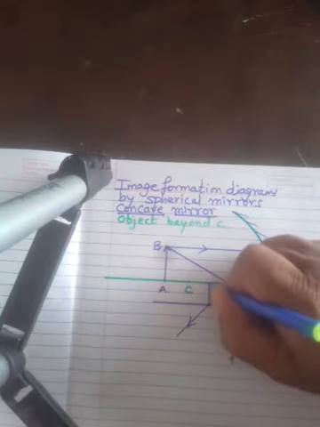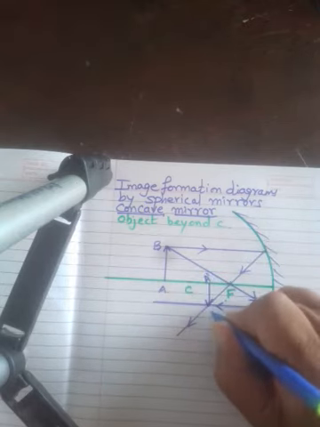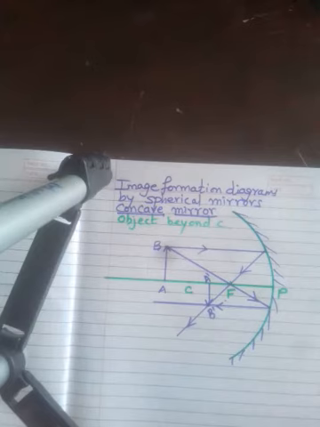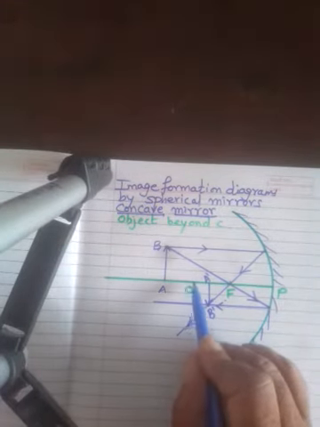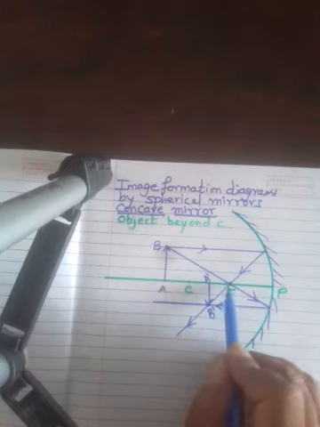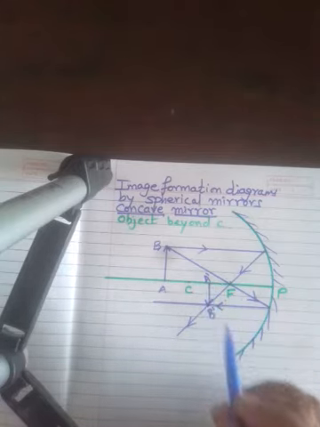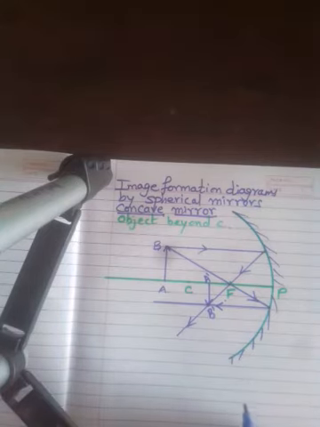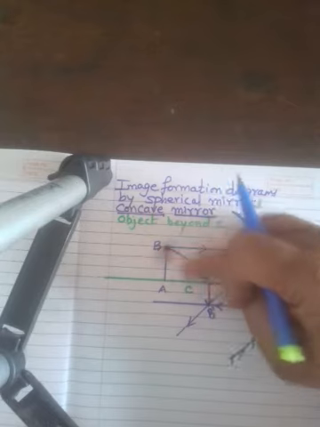So I'll draw the image here. Mark this as A dash and B dash. So where is the image formed? The image is formed between C and F. It is inverted because it is formed below the principal axis. You can compare the size of the object and the image.